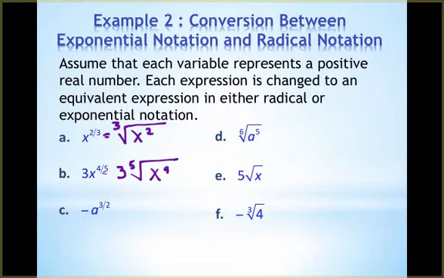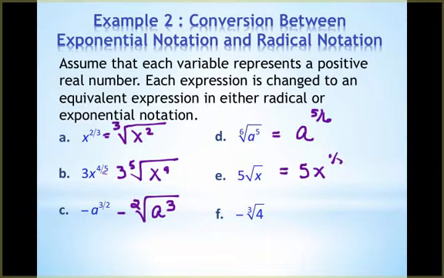Negative a to the 3/2 would be negative, and then the square root of a cubed. Now if I do the 6th root of a to the 5th, that's a to the 5/6. The bottom is the root, the top's the power you're raising it to. 5 times the square root of x would be 5x to the 1/2, because remember, your index is a 2. And negative cube root of 4 would be negative 4 to the 1/3.